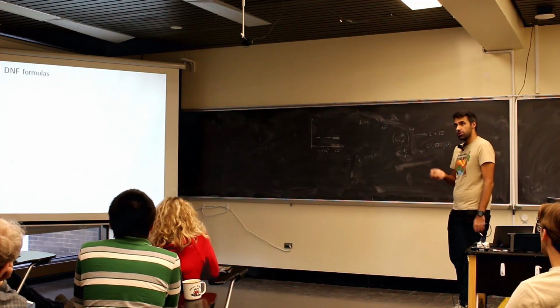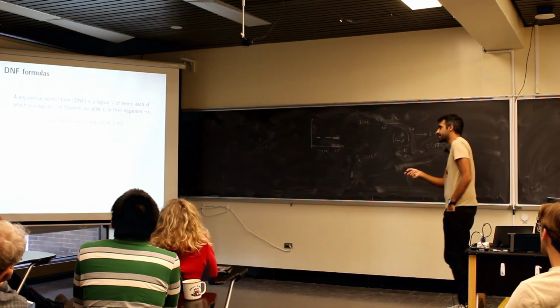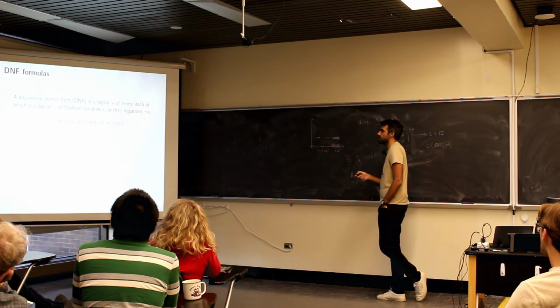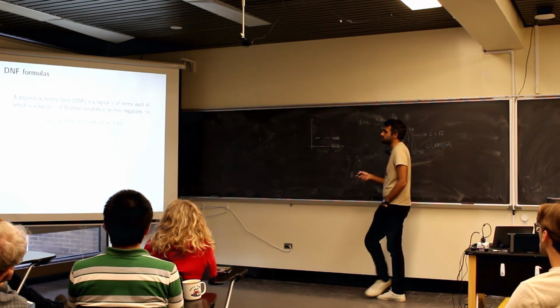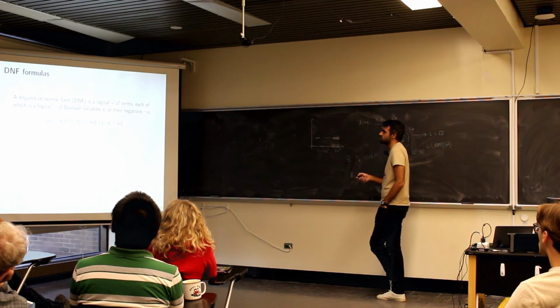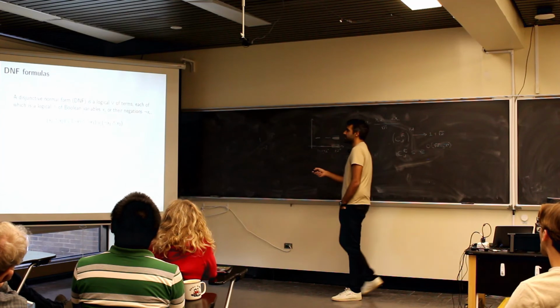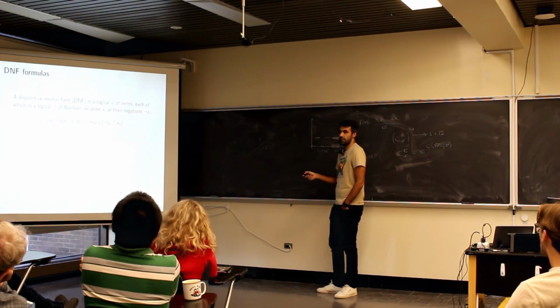But here's another class which you can actually learn efficiently, and this was the main initial application of the low-degree algorithm, if you read the Linial, Mansour and Nisan paper. A DNF formula is a logical OR of terms, each of which is a logical AND of Boolean variables. So this here is a Boolean function, and x1, x2, x3 are the variables.